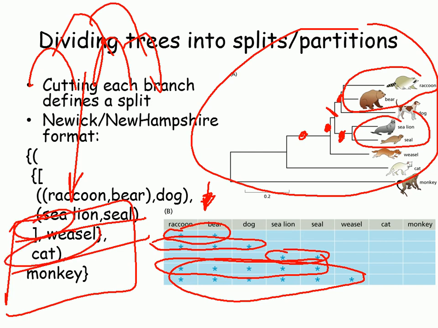Okay. And so on. And you will see how many times you have the same split occurring between the two trees. And that number of times that they share the same split is going to tell you how much those two trees agree with each other.